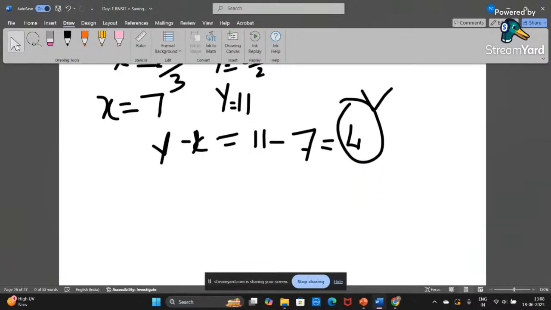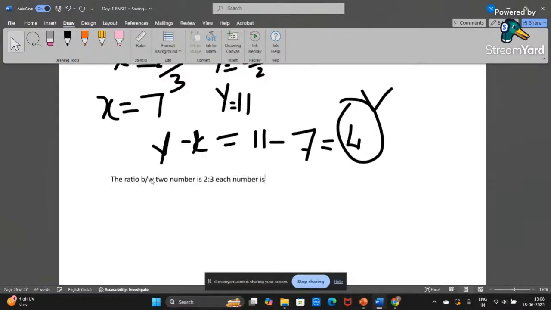Now, let us solve another problem. The ratio between two numbers is 2:3.